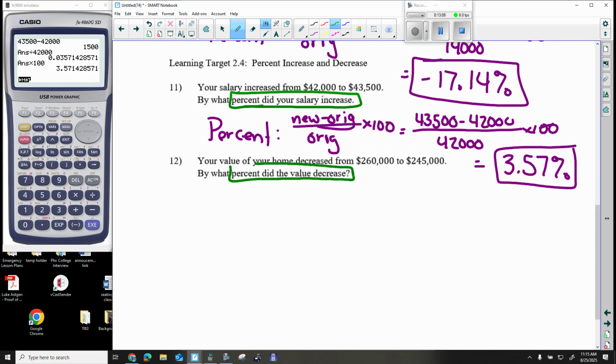Then again, percent decrease. Again, don't sweat the small stuff. That's a percent change.